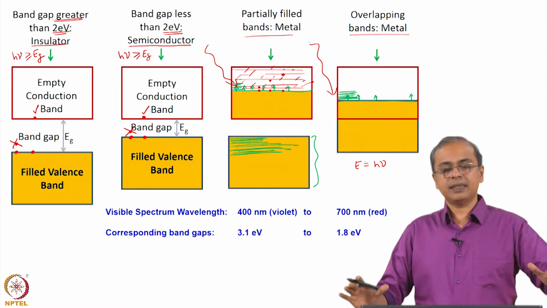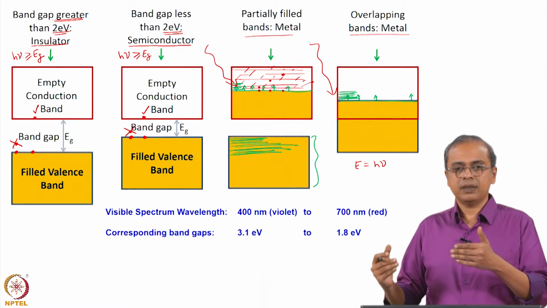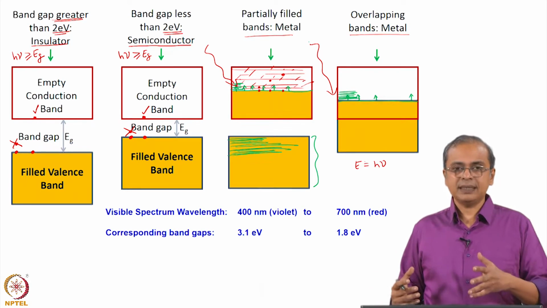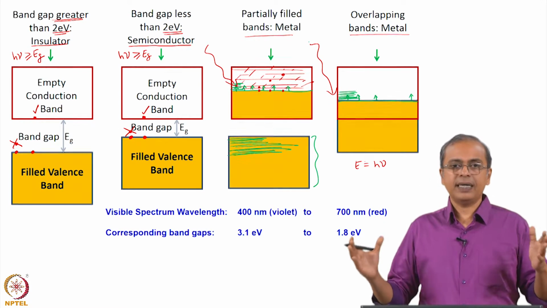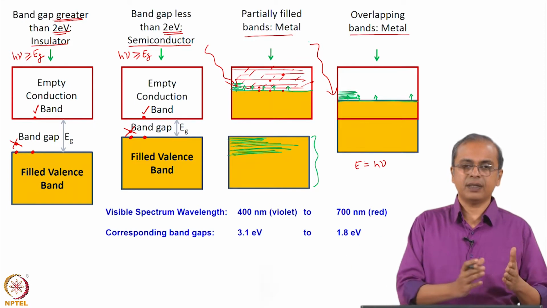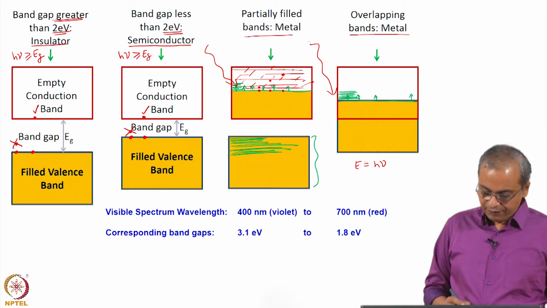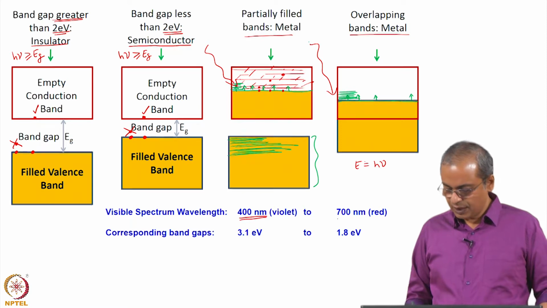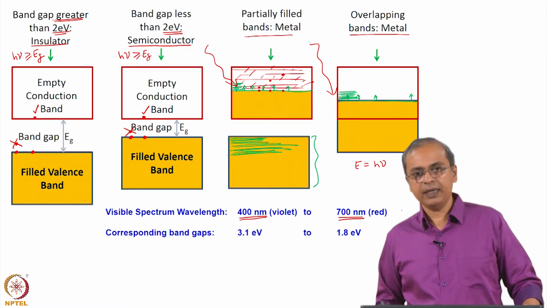Now, given this general picture, we need to compare this with what we typically consider as visible light to understand what we can expect when it interacts with this range of materials, right. So, if you take the visible spectrum, the wavelength is from about 400 nanometers at the shorter end to about 700 nanometers or 0.7 microns on the larger end.